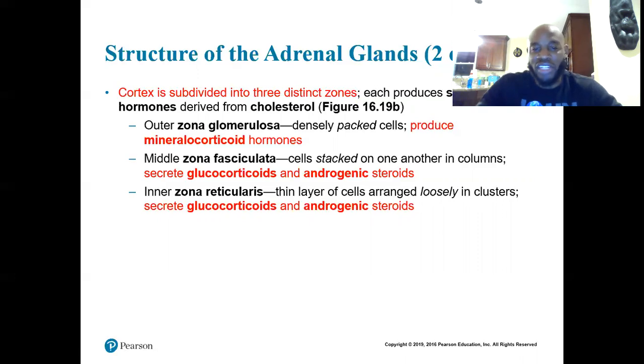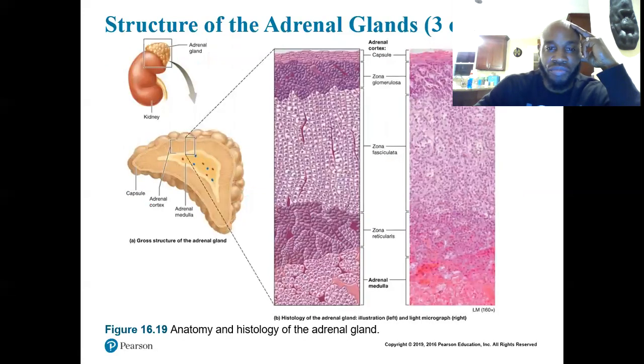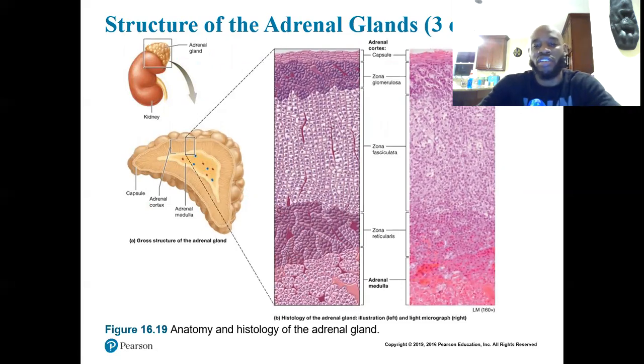Just know that it's divided into these 3 distinct regions producing these mineralocorticoid hormones, glucocorticoids, and androgenic steroid hormones as well. All right, but just know that it's divided into these 3 regions, as you can see here in this diagram.